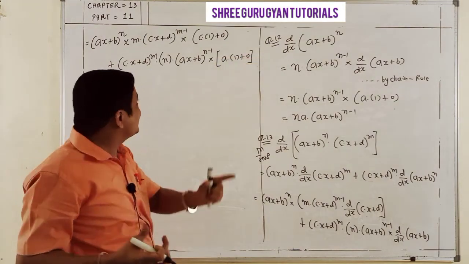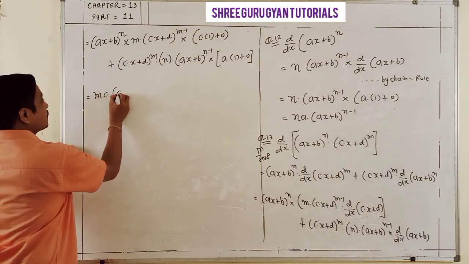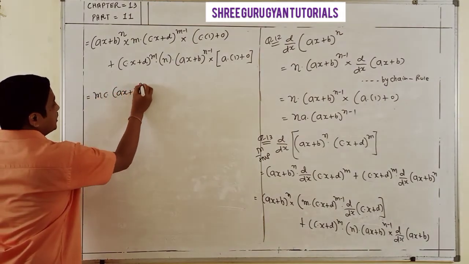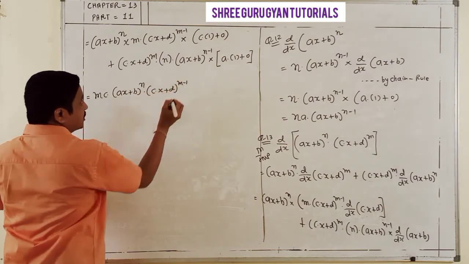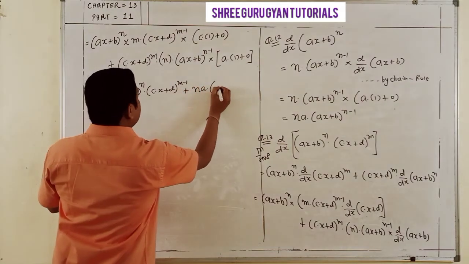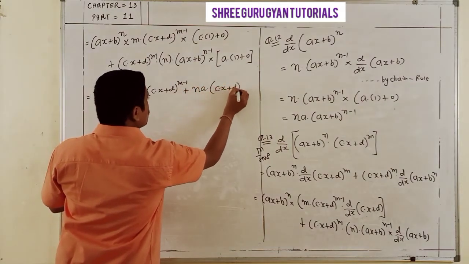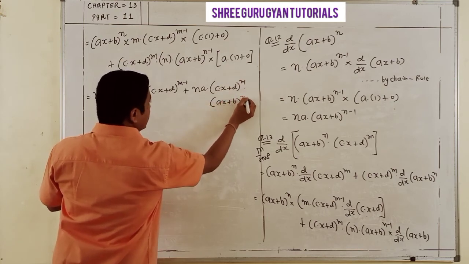Now I will take the common terms. First of all rearrange the terms, students. Then I will take common (cx + d) raised to m minus 1, and here n a, the remaining are (cx + d) raised to m and (ax + b) raised to n minus 1.